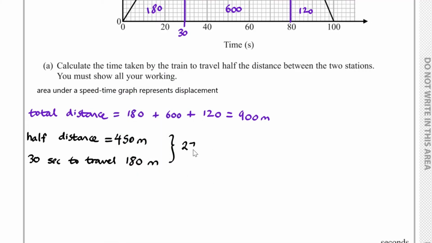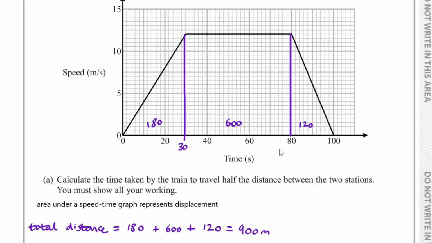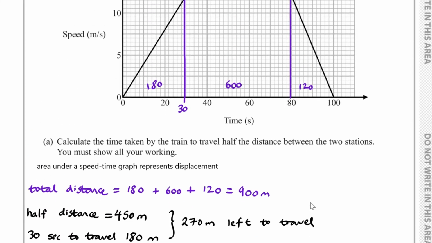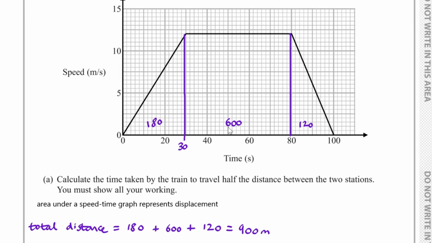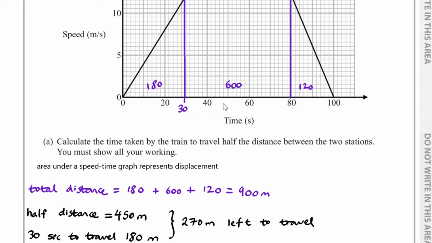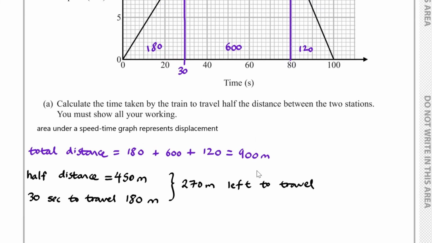So you can see here we've got 270 meters left to travel. And if we consider this area over here, we've got 270, okay? And we can consider this rectangle to find out the time it'll take to travel 270.